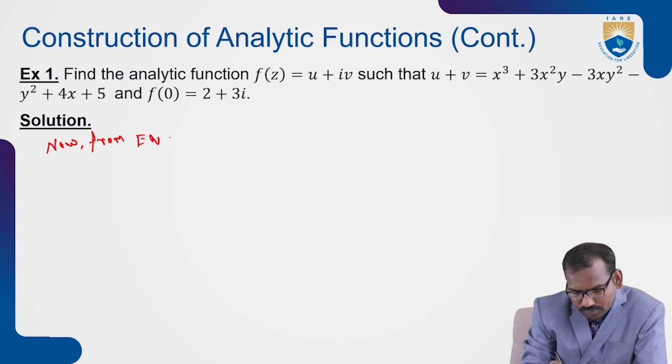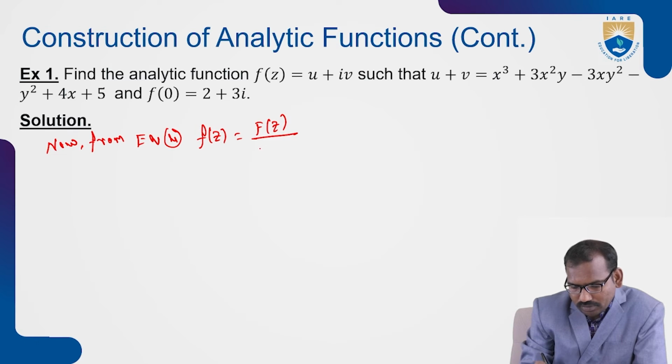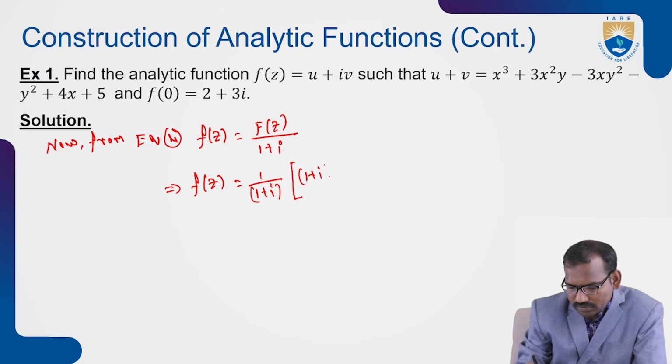From equation 4, I can write small f of z as capital F of z by 1 plus i. So this implies small f of z is 1 by 1 plus i times, here, 1 plus i times z cube plus 4iz plus c.